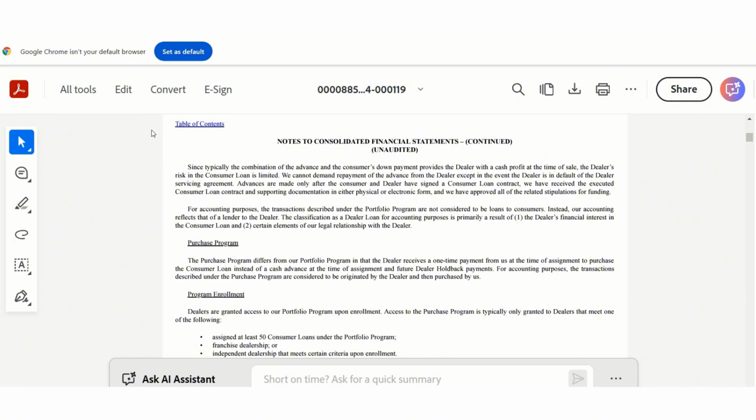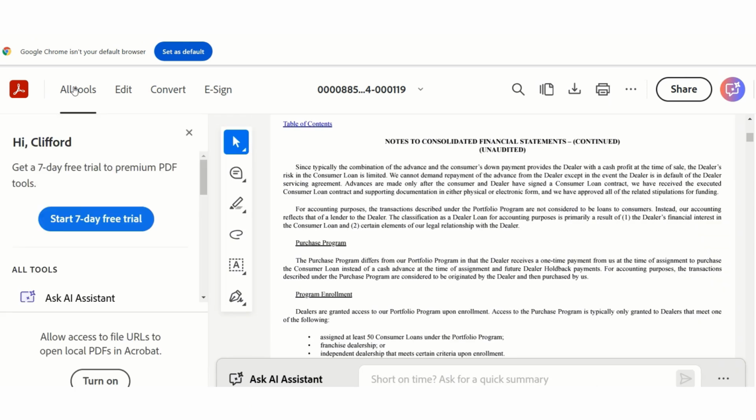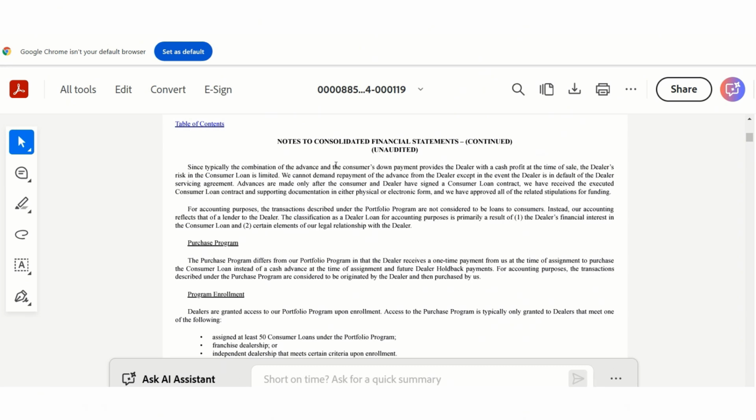Let me see all tools. Oh nope, can't even do that. All right, so I already got one of these, which is the 2019. So let me go to that one.